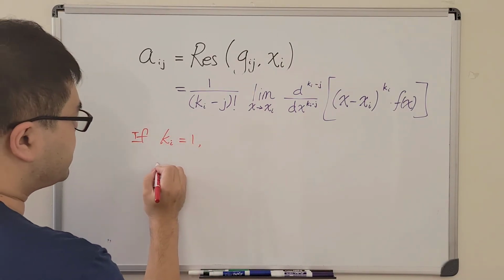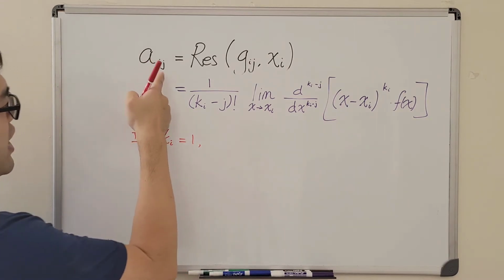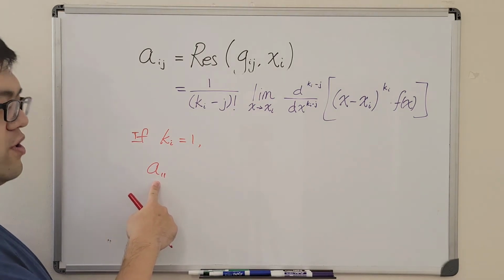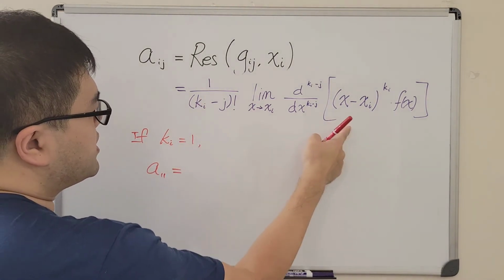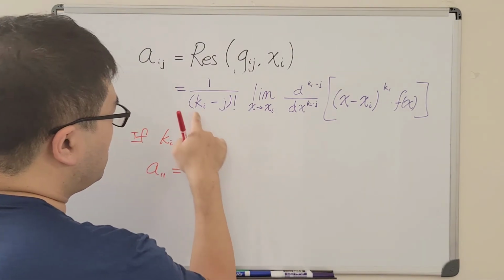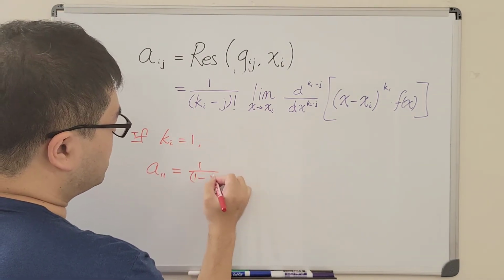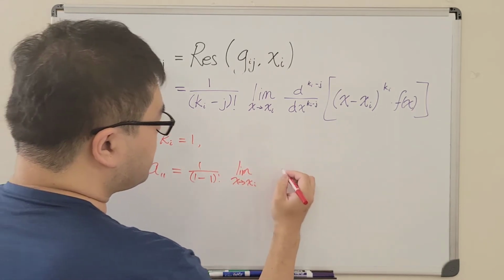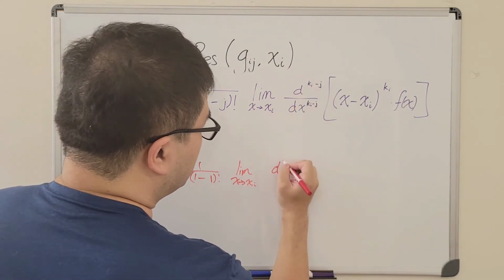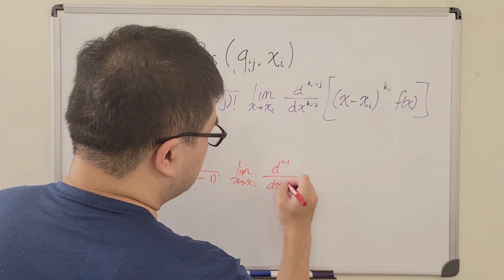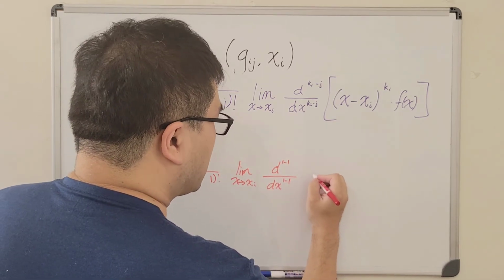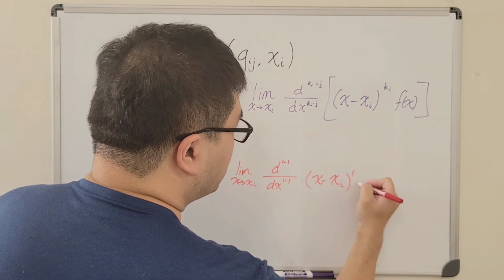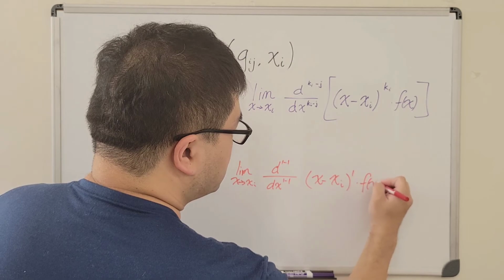We can now reduce a_ij, which is only possible when i and j are both 1, and we get 1 over 1 minus 1 factorial times the limit of the 1 minus 1 derivative of x minus x_i raised to the first power times f of x.